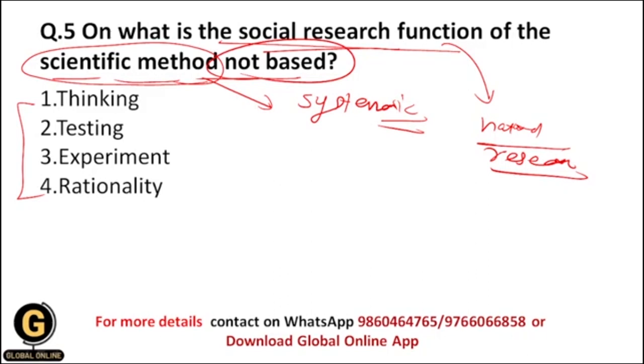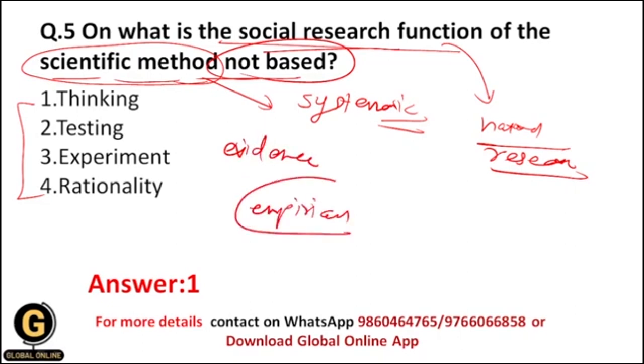That's why the social research function of the scientific method is not based upon thinking, because it is based upon evidence, it is based upon empirical methods. Empirical methods means we observe the facts, we measure those facts, and we have proper evidence, and based upon that evidence we come to the conclusion.